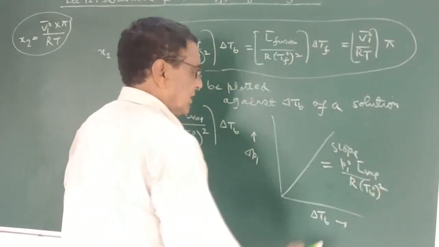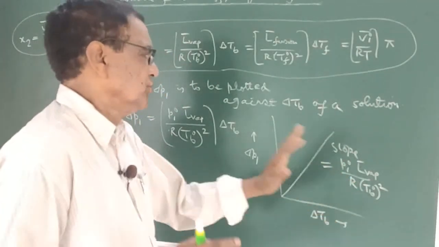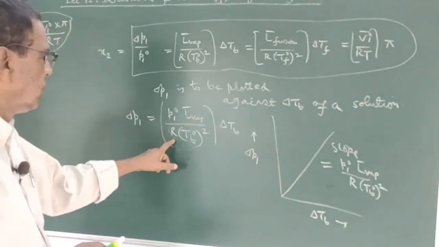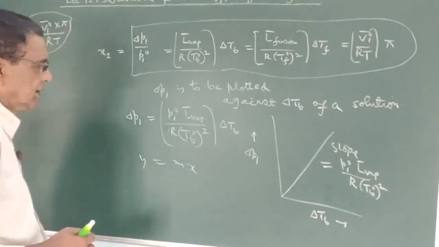From this slope you can calculate any one value if the other values are known. This is the slope, y equals mx.